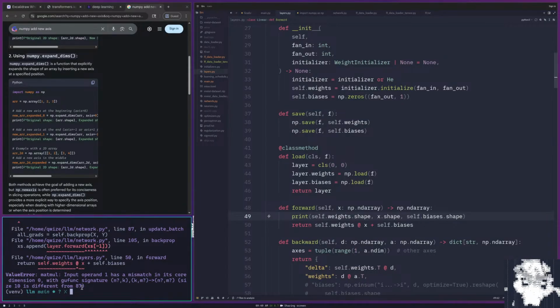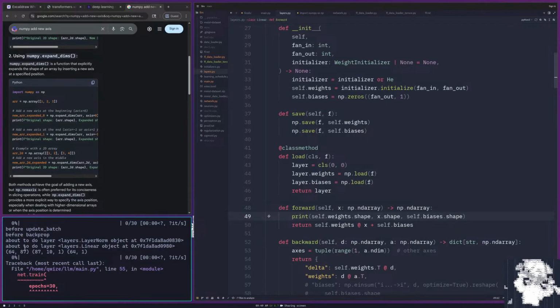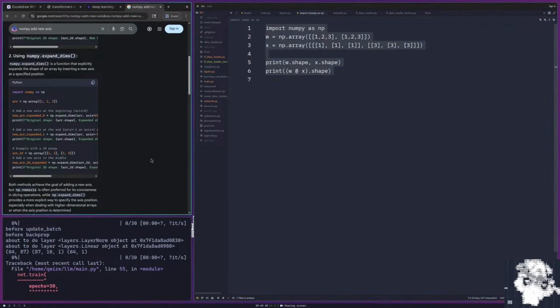Size 10 is different from 87 in its dimension 0. 10 is not the 0th dimension on either of these. I'm confused.